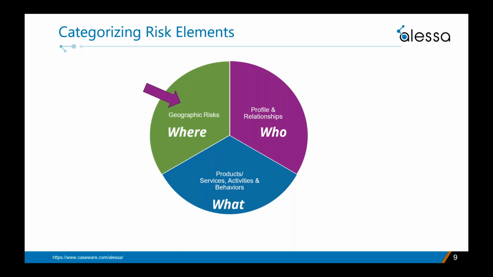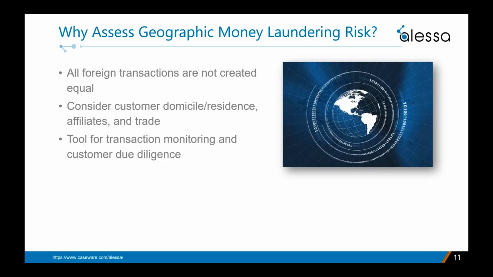This is then tied to the money laundering risk associated with individual countries, which is what we're talking about today. These country money laundering risk scores come into play when you're evaluating how risky are the places where your customer is sending or receiving funds or has other significant connections.